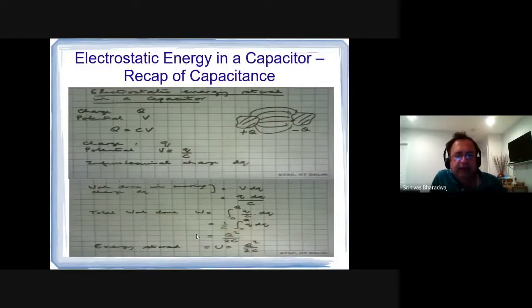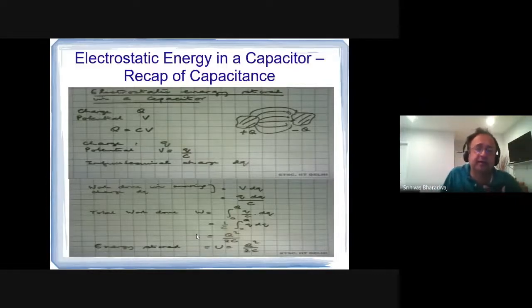If you apply a field, it will store it in the form of positive and negative charges being kept together, right? That is a store of potential energy. When you remove the battery and connect a full circuit, it will discharge. The capacitor will itself act like a battery and then discharge.